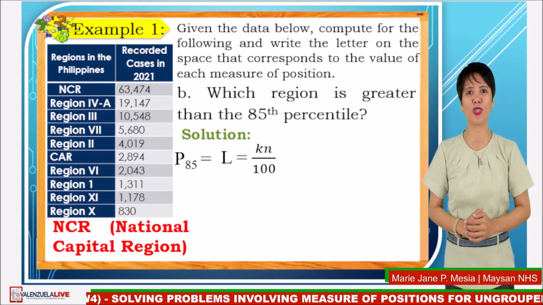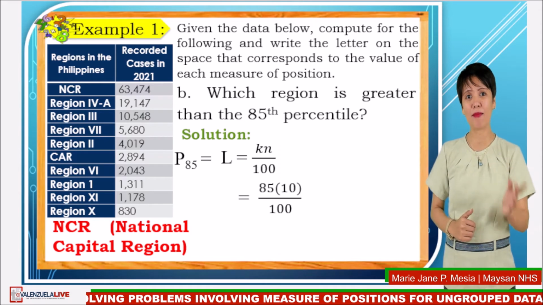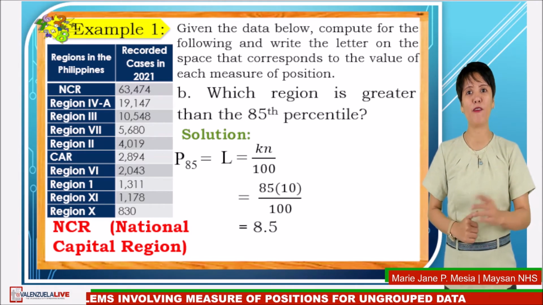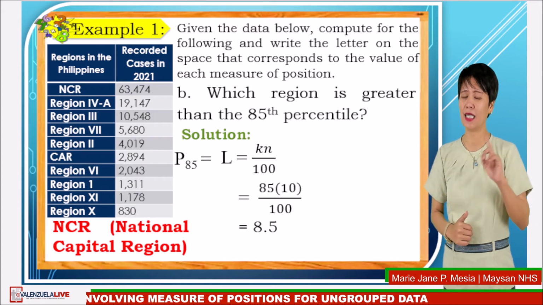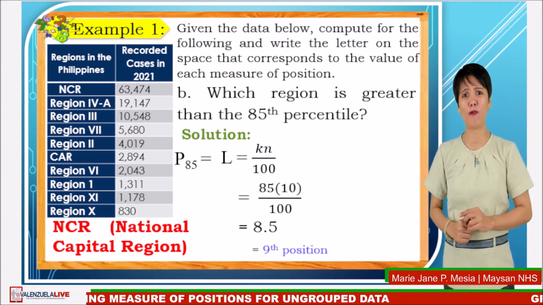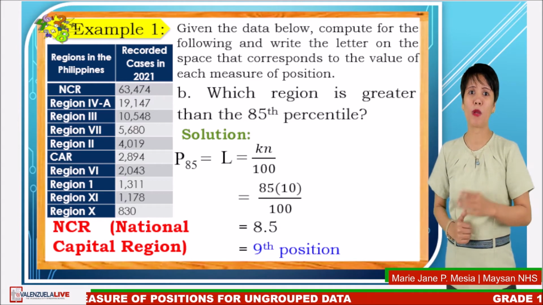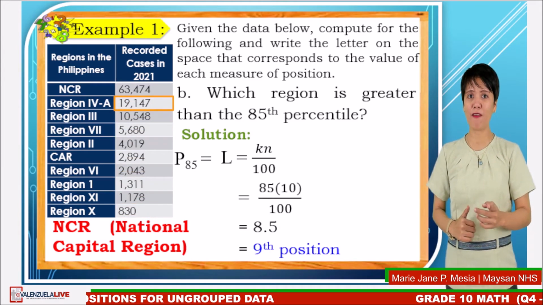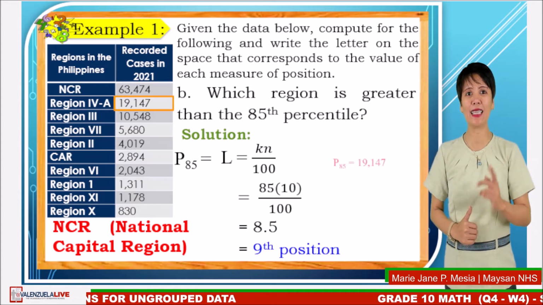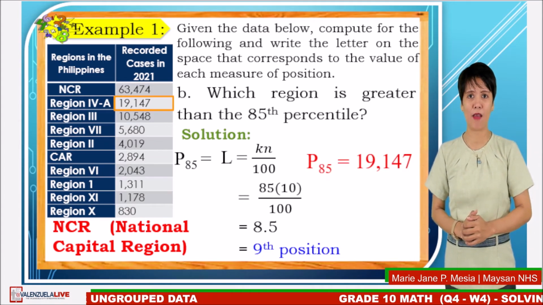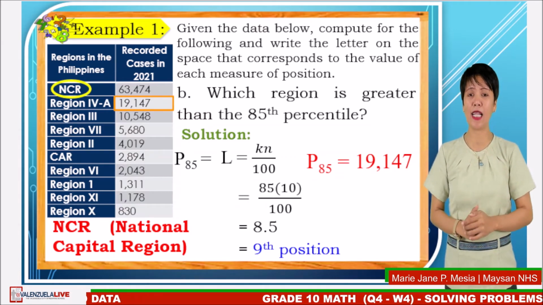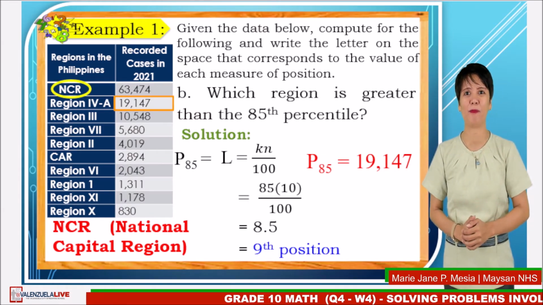By substitution, L is equal to 85 times 10 divided by 100 is equal to 8.5. Since this is not a whole number, round up 8.5 to the next whole number, which is the 9th position. So P sub 85 is equal to 19,147. Hence, there is only one region that is greater than the 85th percentile.